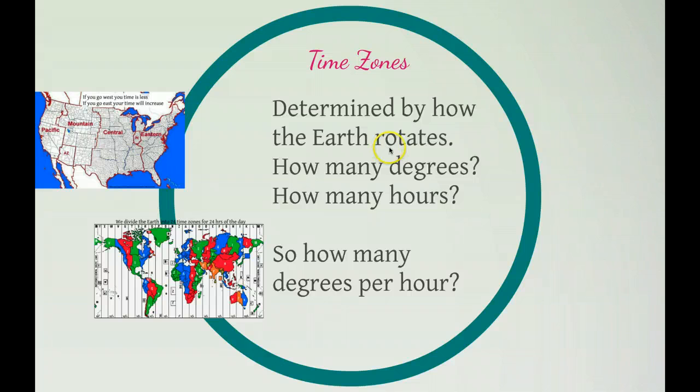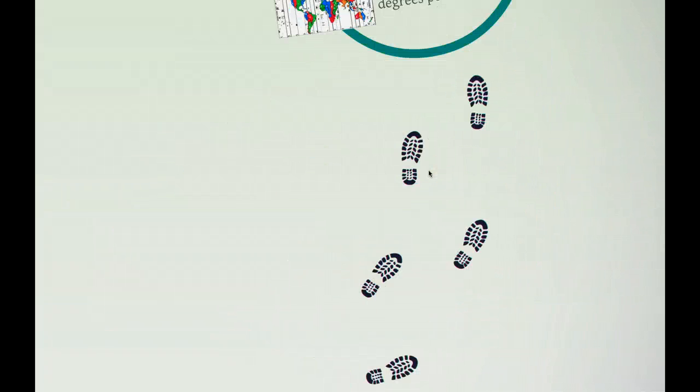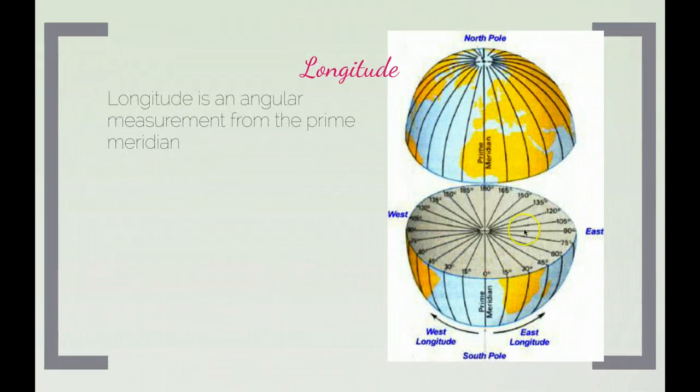If we are going around the Earth and we look at a globe, it takes 360 degrees to go all the way around it, and we spin once in a day. So that's 24 hours. If we take 360 degrees and divide it by 24 hours, we get 15 degrees per hour.